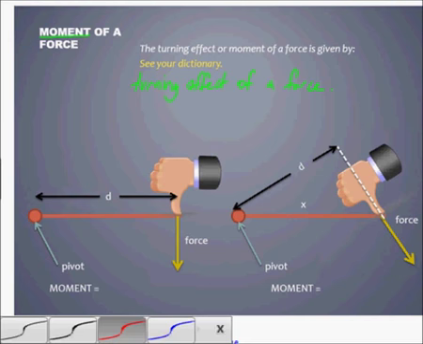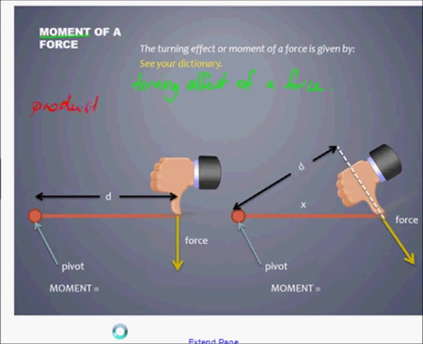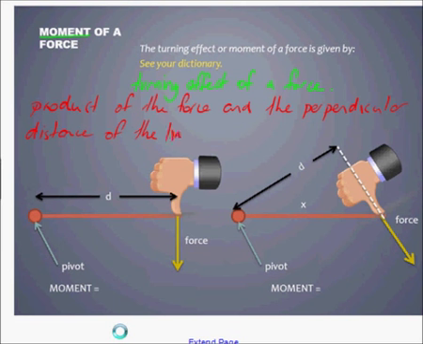Now, if you look in the dictionary, you probably would find that definition, but it's better probably if you say it is the product of the force and the perpendicular distance of the line of action of the force from the pivot.